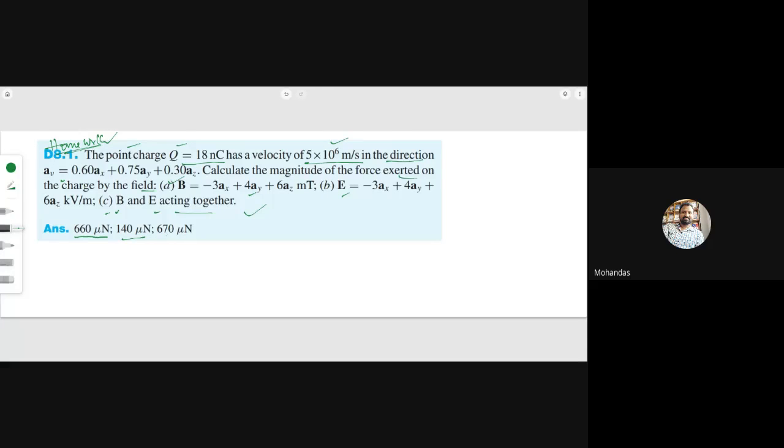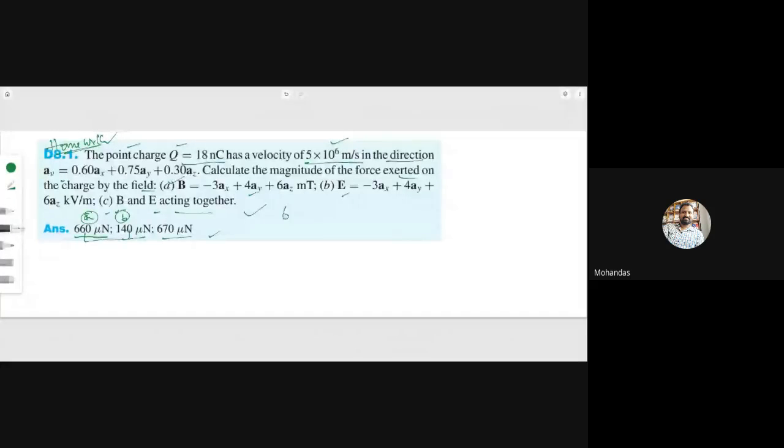Can anybody guess why? If the magnitude for the first problem we got was 660 and 140 for the second, and you add these two, how much will you get? 660 plus 140, around 700 we will get. But here the answer is 670. What may be the reason?